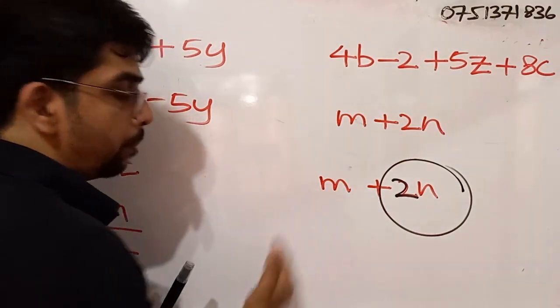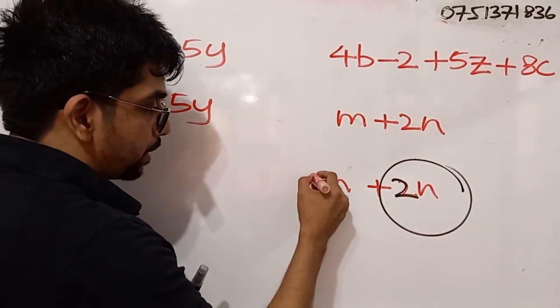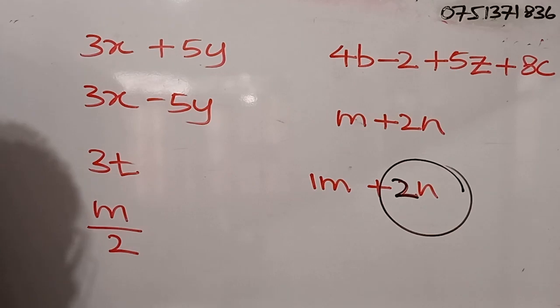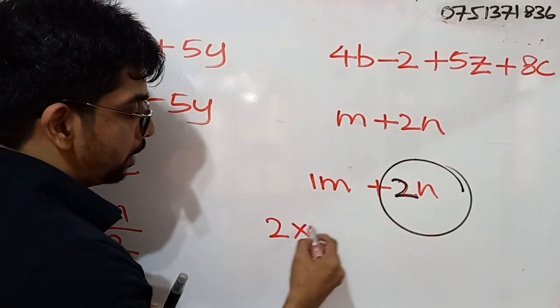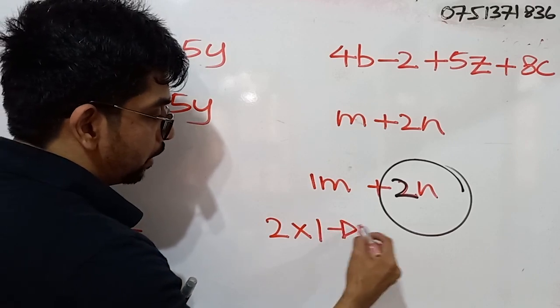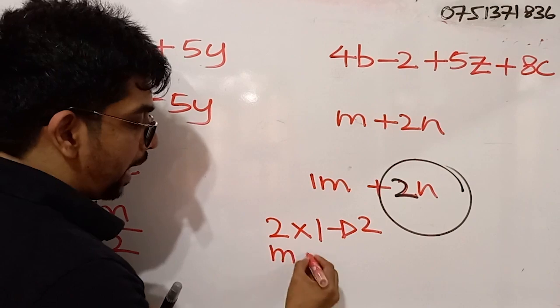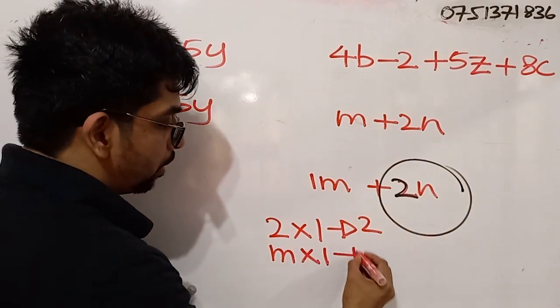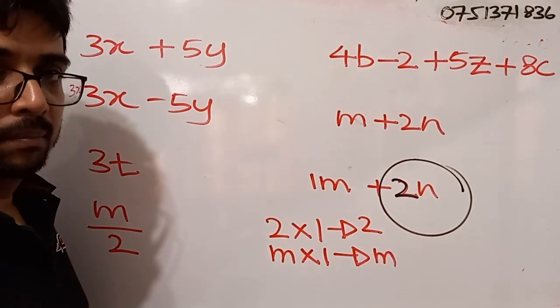When there is no number in front of a letter, we say the coefficient is what? 1. Why is that? If we multiply any number by 1, we get what? The same number. In the same manner, if we multiply any letter by 1, we get the same letter or algebraic term, right?